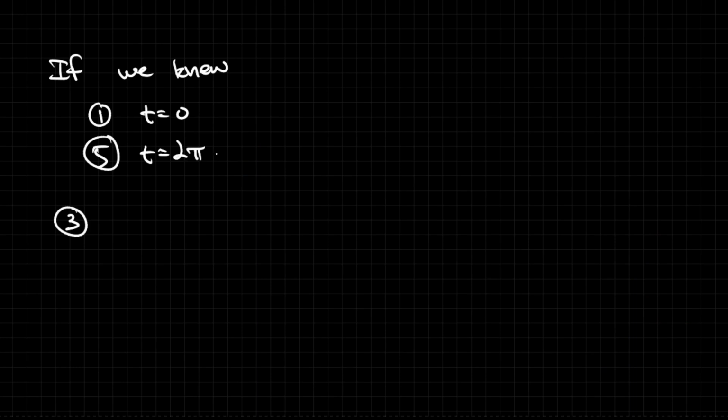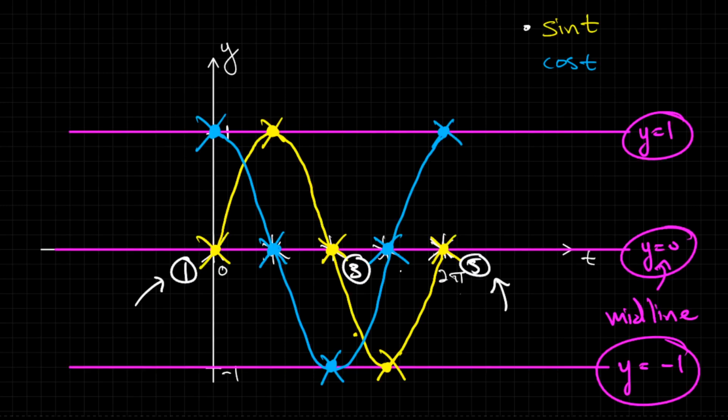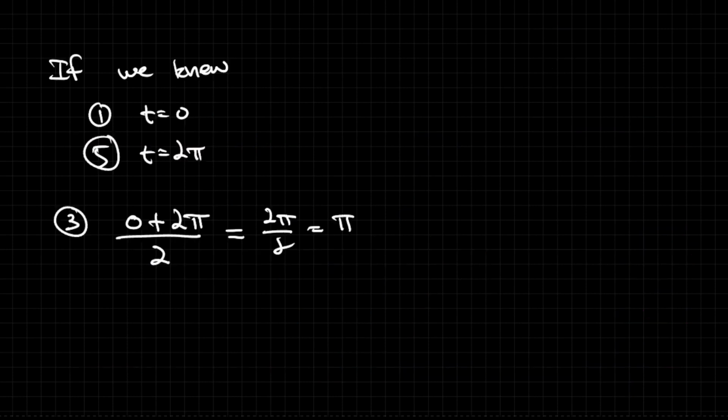number that's halfway between 2 other numbers, you do what's called the average. So you do 0 plus 2 pi and divide by 2. That's the average of 0 and 2 pi. And you would get, of course, 2 pi divided by 2, which in this case is pi. And so this 3rd t-coordinate would be pi.